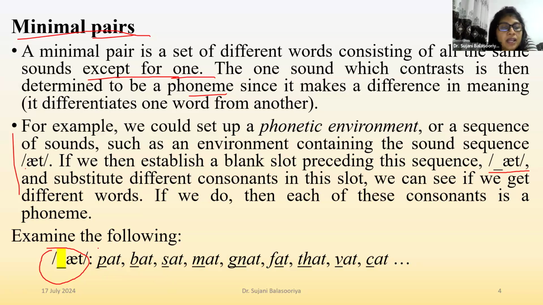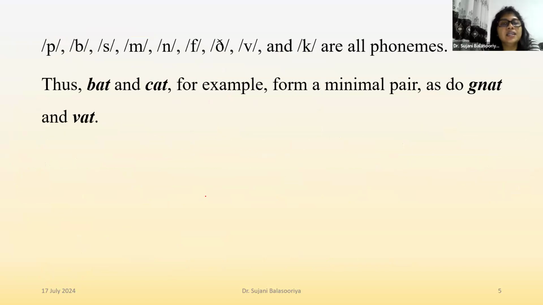So depending on which phoneme we are going to put into the blank, the meaning of the word changes, right? The meaning of the word changes. Right now actually, rather than a pair, there are a lot of words here. But now here also you can find more examples. But look at this.